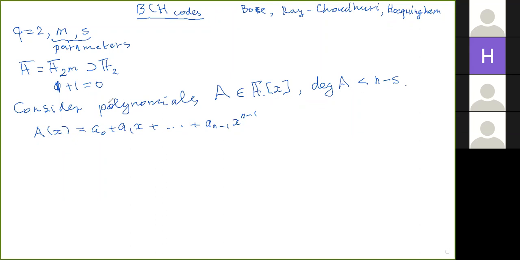And also, this is the first requirement on the polynomial. And the second requirement is more complicated. We will require that that polynomial takes only 0 or 1 in all the 2 to the m possible points.